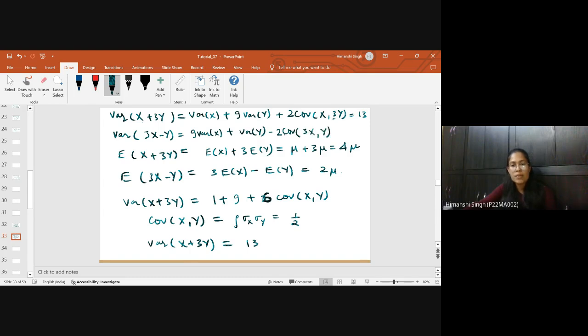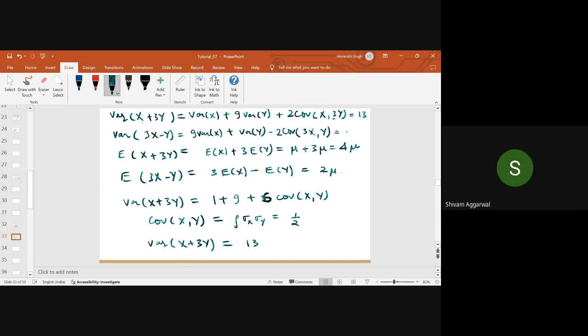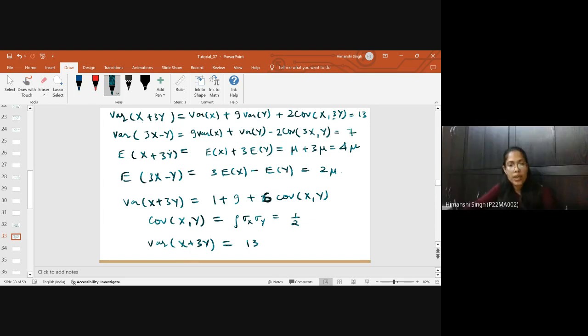Now this 3 will come outside, here it will become 6 times covariance between x and y, that will be 1 by 2. So this term will be 3. 9 times variance of x is 9, plus 1, 10, minus 3, so it will be 7. Okay, so this is the variance and this is the expectation.